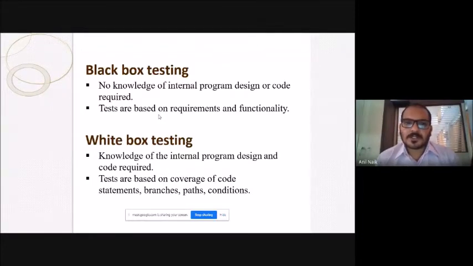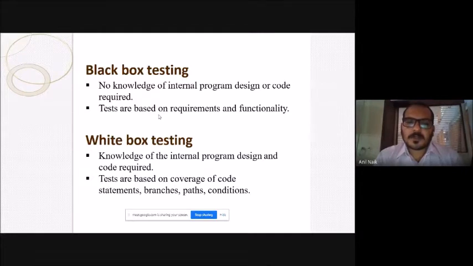Black box testing, as the name indicates, means no knowledge of internal program design or code is required. You focus only on the input and output. Tests are based on the requirements and functionality. You provide input and compare the actual and expected output.